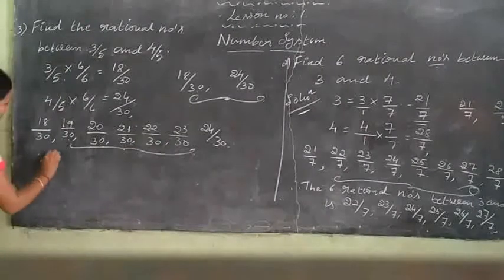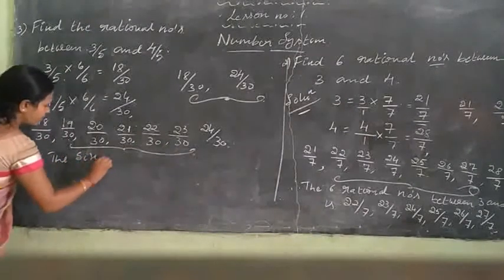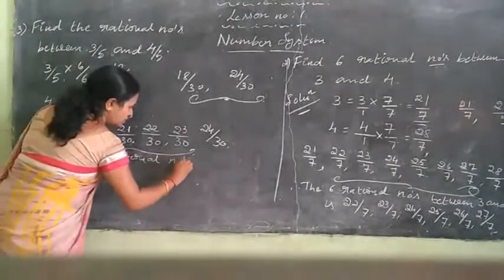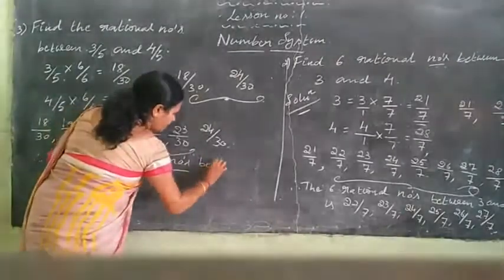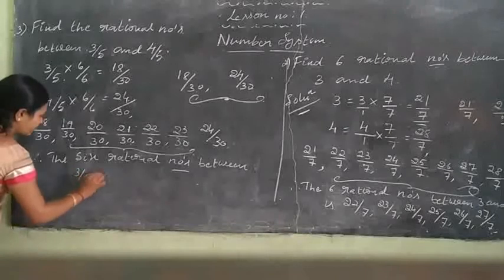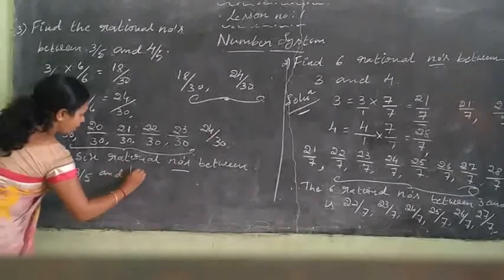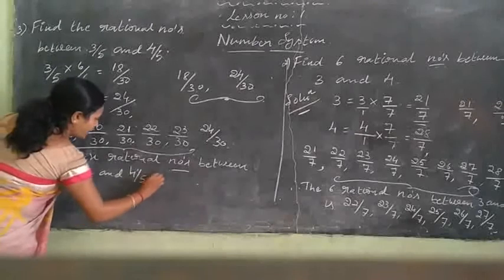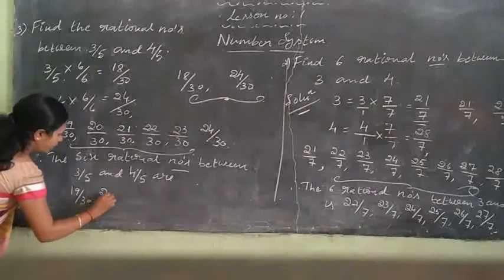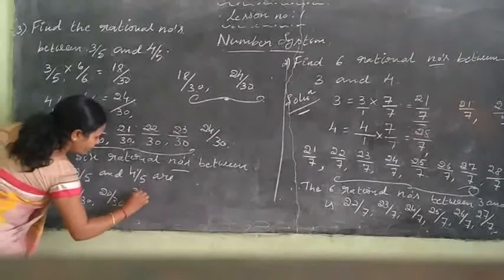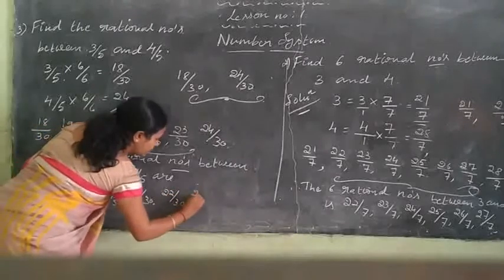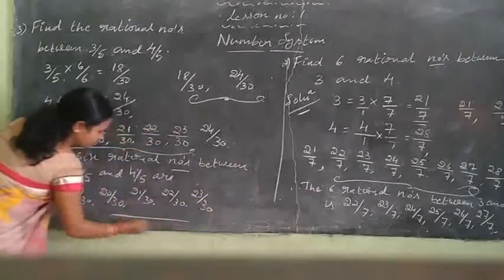Therefore, the rational numbers between 3 by 5 and 4 by 5 are, children, 19 by 30, 20 by 30, 21 by 30, 22 by 30 and 23 by 30.